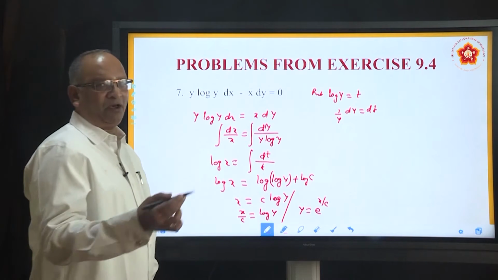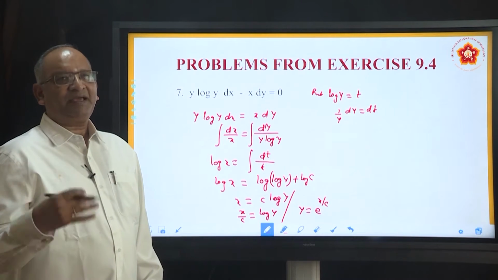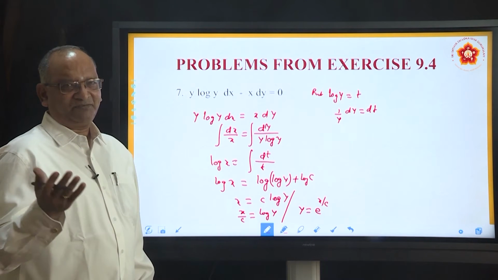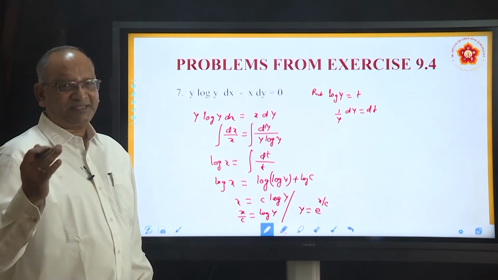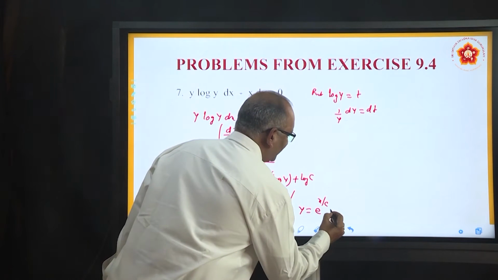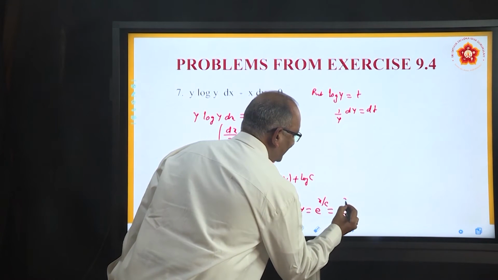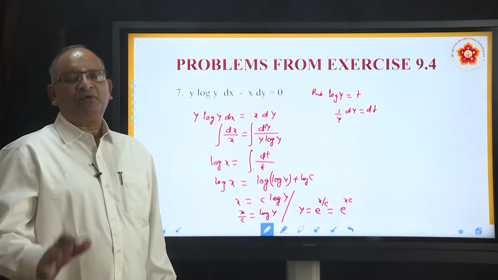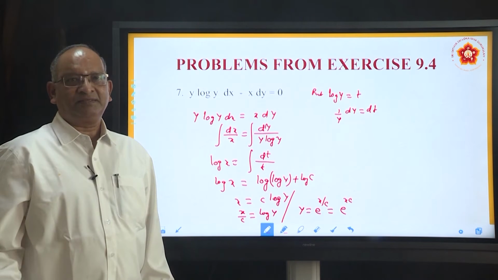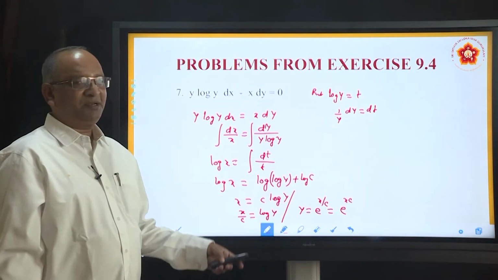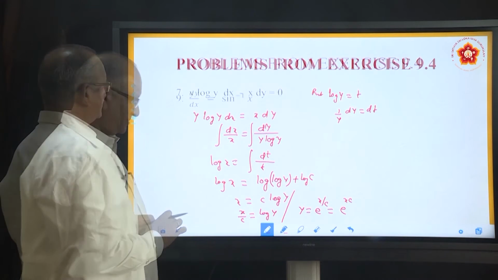Sometimes 1 by c can also be taken as the constant because it is just a constant and we do not know its value. So, whether it is c or 1 by c does not matter. In some books they also write it as e to the power xc. Do not go for the value of c as a particular thing. So, this is how this problem can be solved.